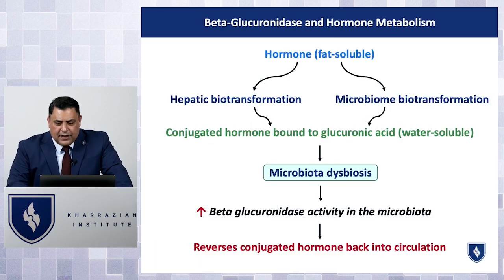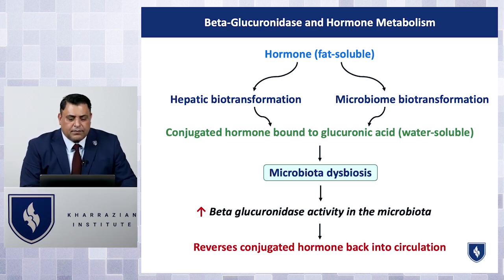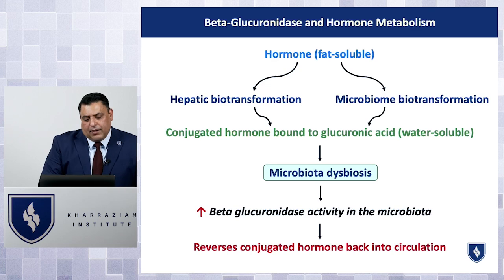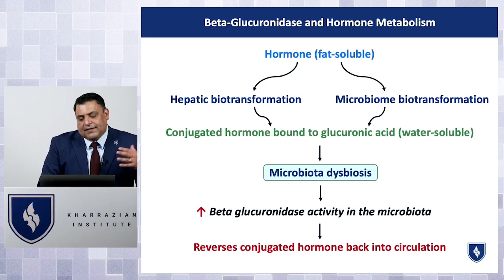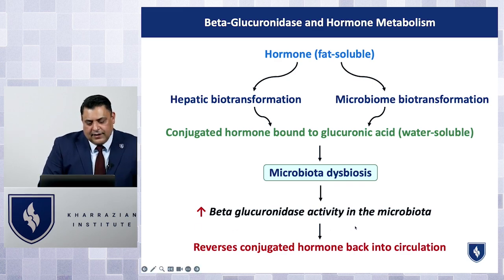Now, the key pathway with the gut part of the web is when people have dysbiosis, they have unhealthy gut bacteria populations because they have a diet that's low in fiber and high in sugar. The bacteria that are produced in an environment with high sugar and high fat have high amounts of this enzyme called beta-glucuronidase.